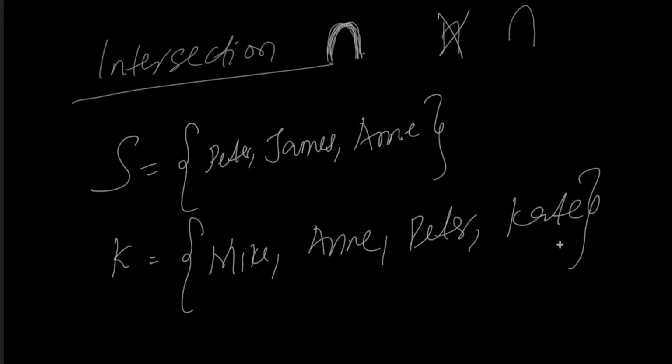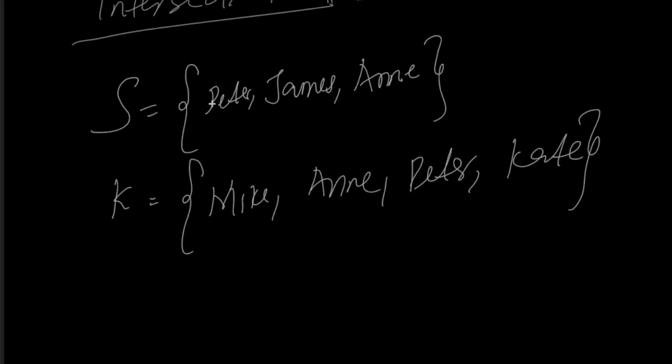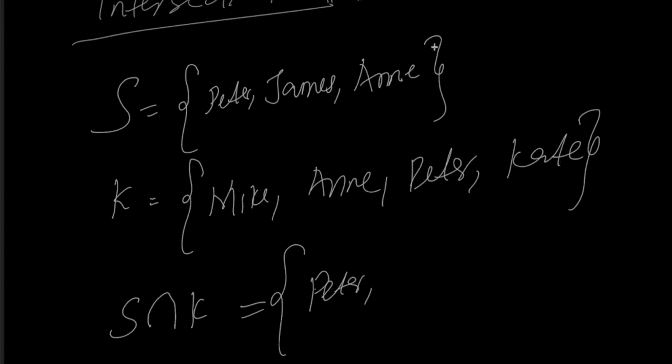And I'm asked to find the intersection of S and K. It means the names that appear here also appear here. That is, S intersect K is equal to: Peter is here, Peter is here. James is here, James is not here. Anne is here, Anne is here. That is the intersection of these two sets.